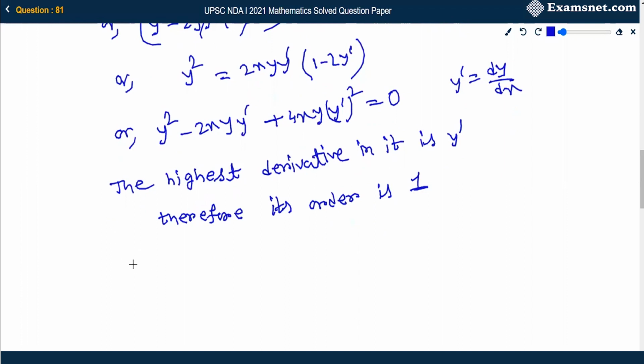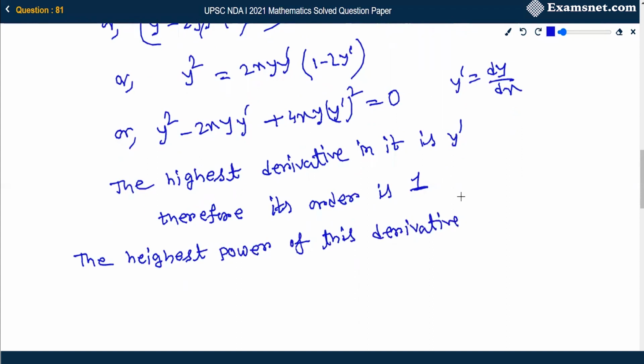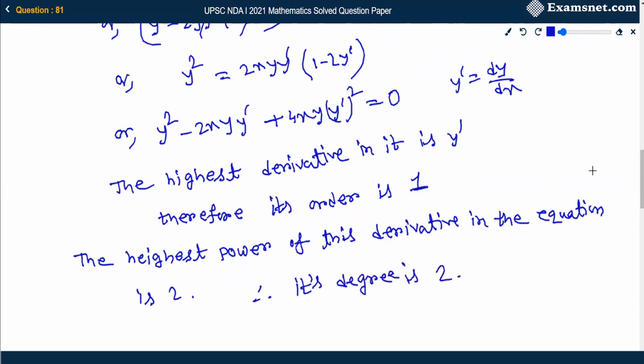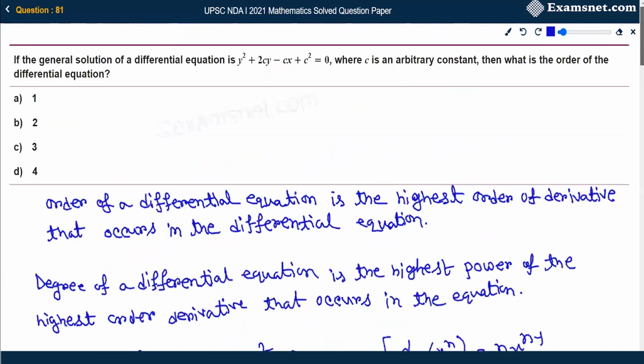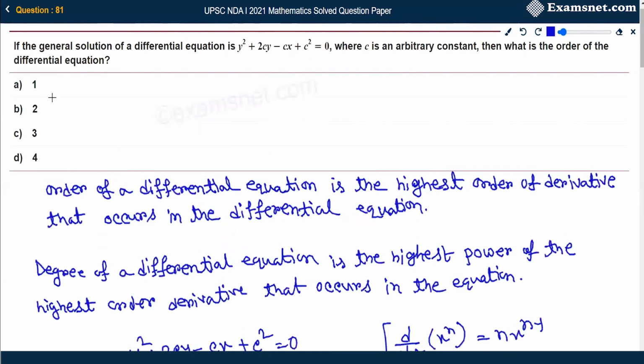The highest power of this derivative in the equation is 2. Therefore, its degree is 2. So now let me check the options. What is the order? Order is 1. So here option A is the correct one.